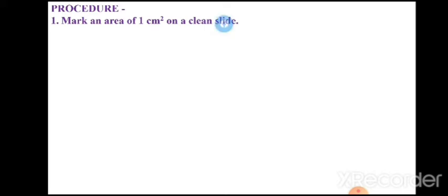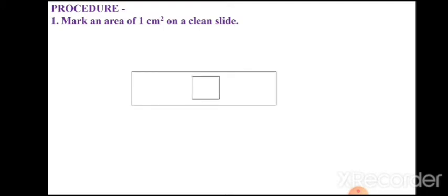Then, with the help of a marker, we have to draw an area of 1 centimeter by 1 centimeter square on that clean slide like this. So this is a slide, and with the help of a marker we have to draw an area of 1 centimeter by 1 centimeter. So the area will be 1 centimeter square.